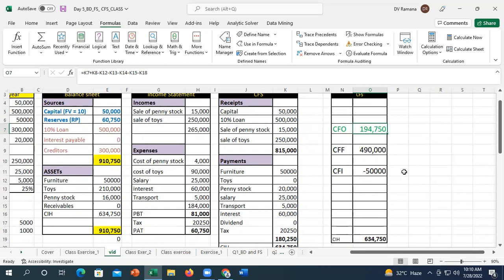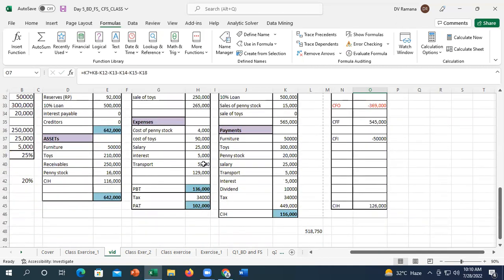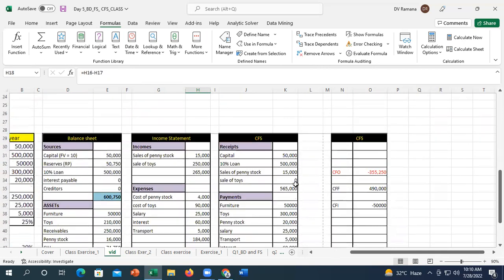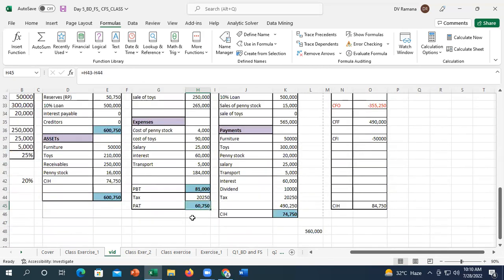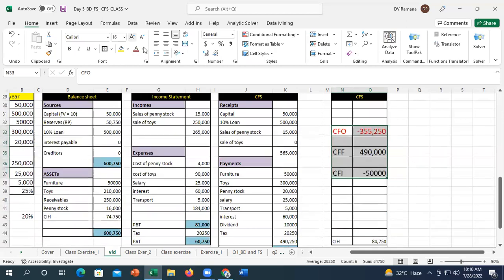But let us make a small change in this and understand. Let us go down. It is more or less the same question, same information. And PAT is equal to 60,750. Here also, PAT is equal to 60,750. But observe, CFO is negative.